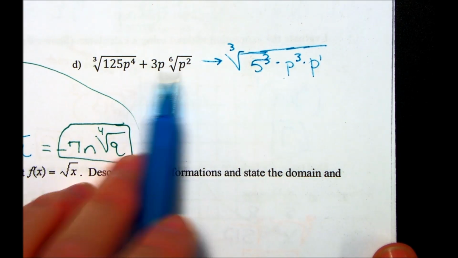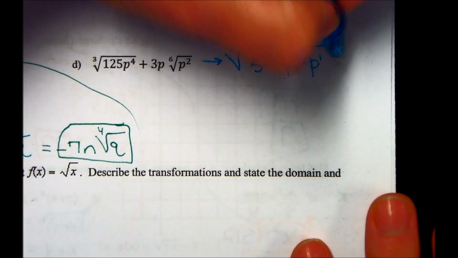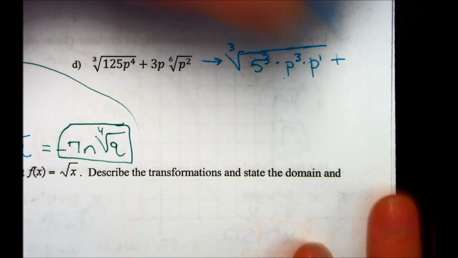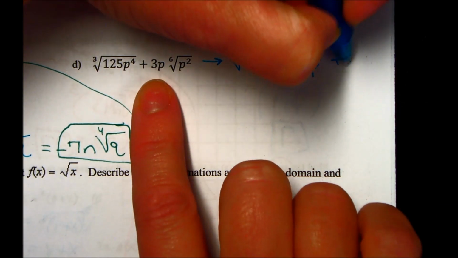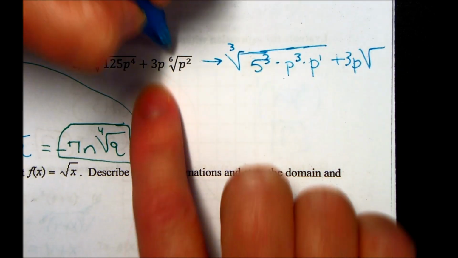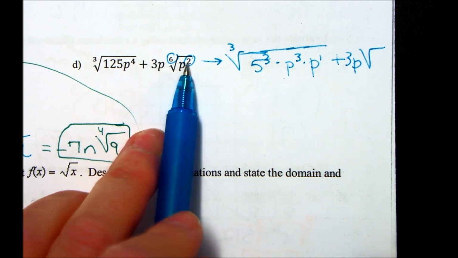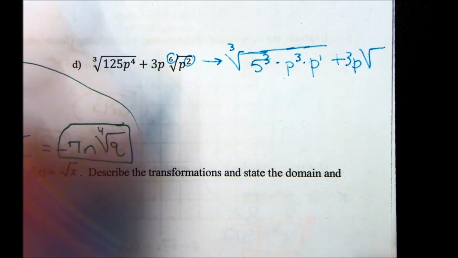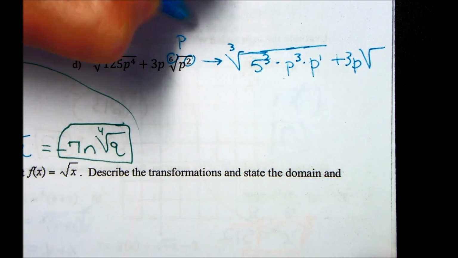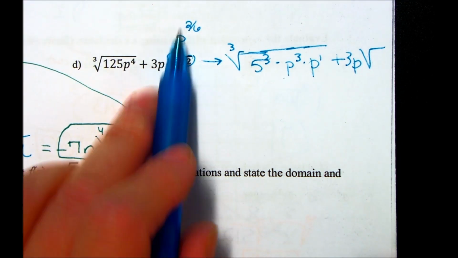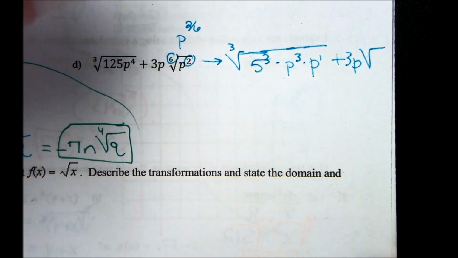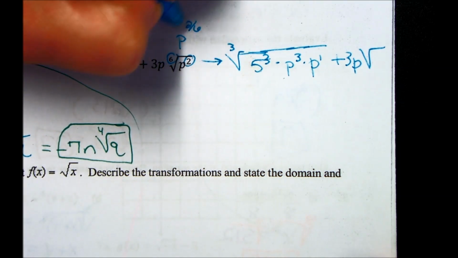Now this one over here can be simplified a little bit, just like the last problem. We have this 3p on the outside, but this 6 and this 2, the power and the root can be reduced. So if we rewrote it as a rational exponent, it would be 2 to the 6, p to the 2/6 power, which would reduce to p to the 1/3 power.